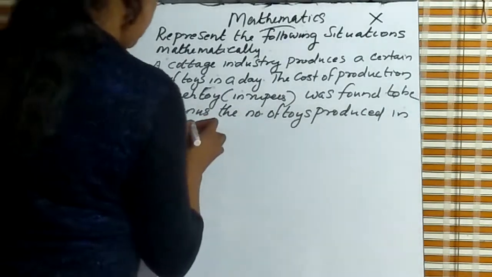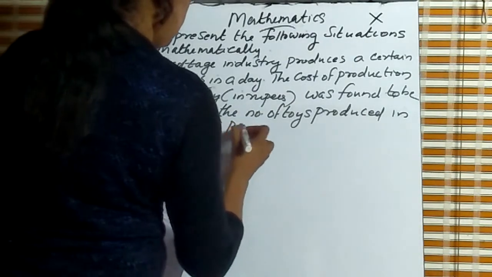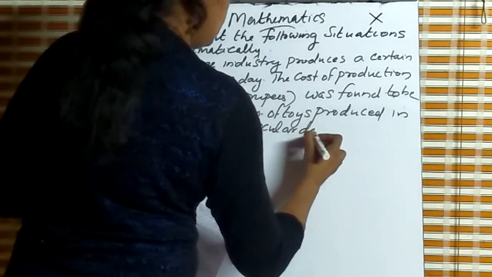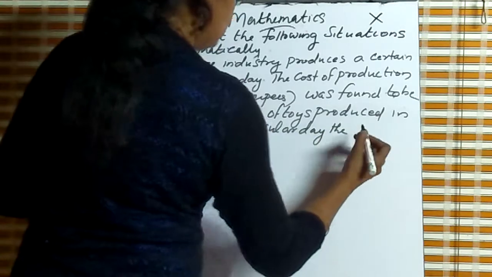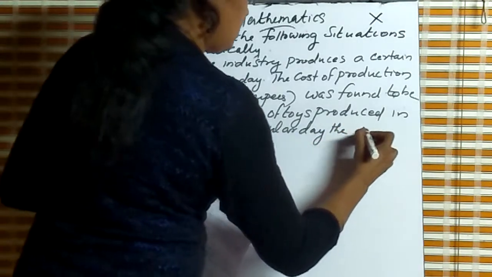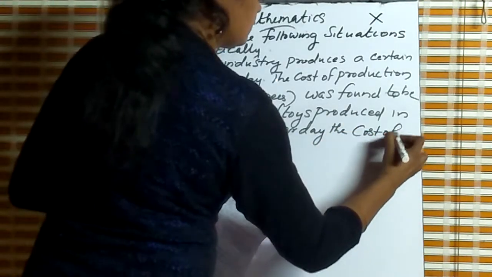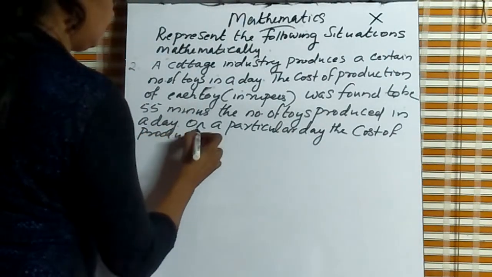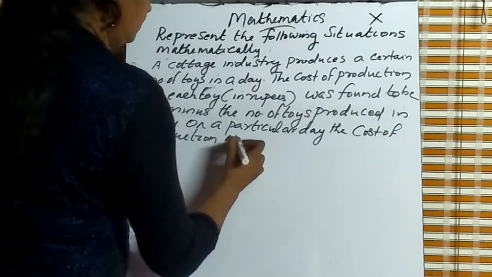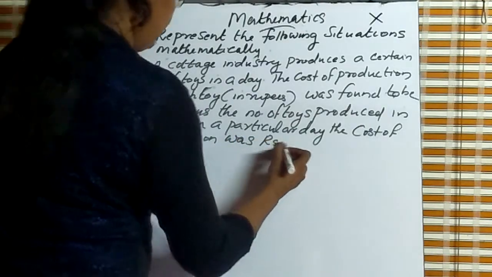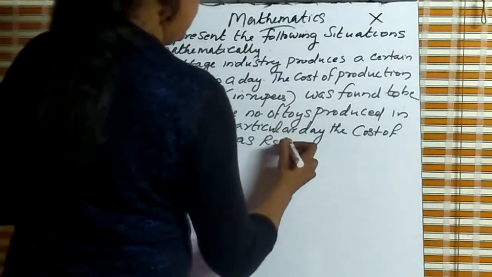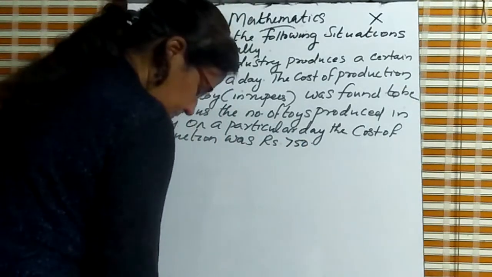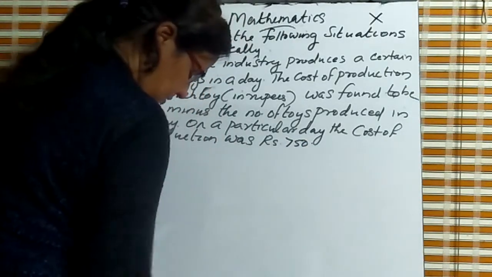On a particular day, the cost of production was rupees 750. Represent this situation mathematically.